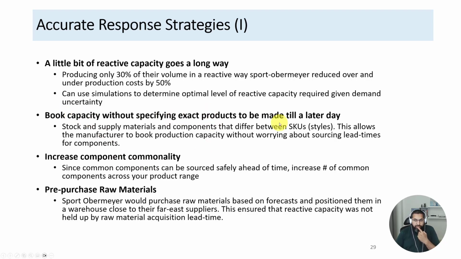You can book capacity without specifying exact SKUs to be made till a later day. Some suppliers want to buy equipment, hire workers, and buy raw materials, so they want a confirmed commitment on quantity. So you can tell the supplier, okay, I can't tell you exactly which SKUs and what quantities to produce in the second order, but I'm going to tell you that the total quantity will be 15,000 units.